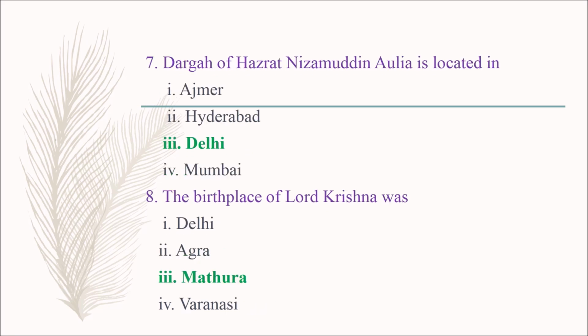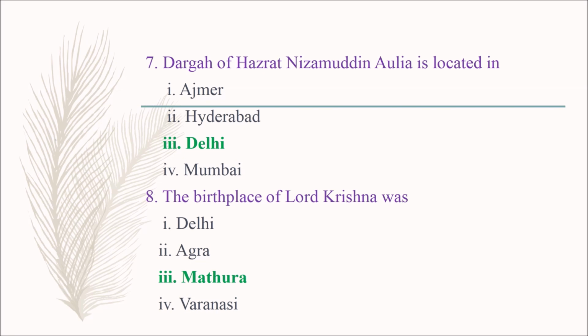Question number 7. Dargah of Hazrat Nizamuddin Auliya is located in option 1 Ajmer, option 2 Hyderabad, option 3 Delhi, option 4 Mumbai. So the correct answer is option 3 Delhi. Question number 8. The birthplace of Lord Krishna was option 1 Delhi, option 2 Agra, option 3 Mathura, option 4 Varanasi.